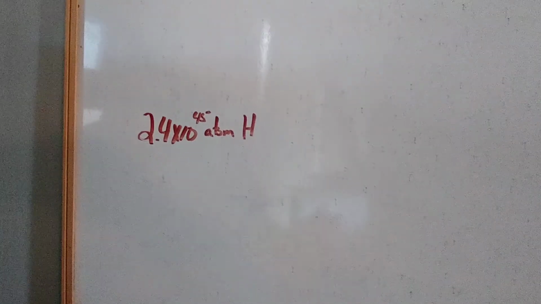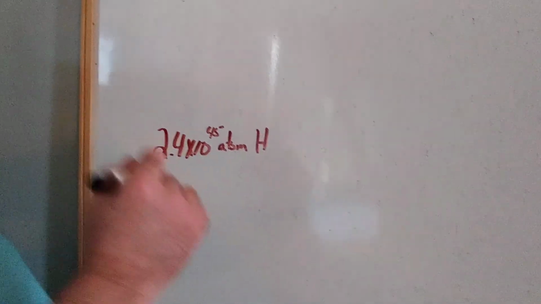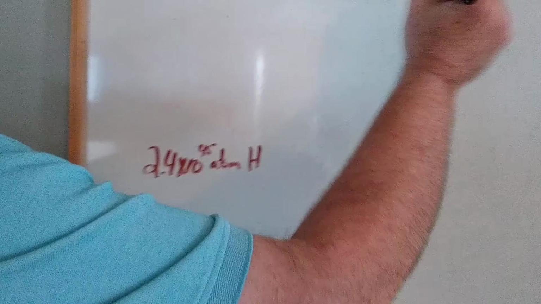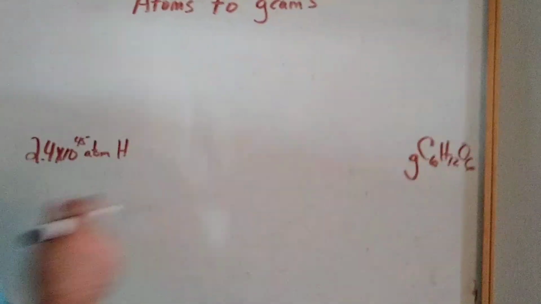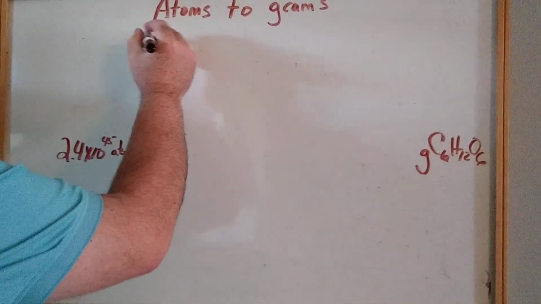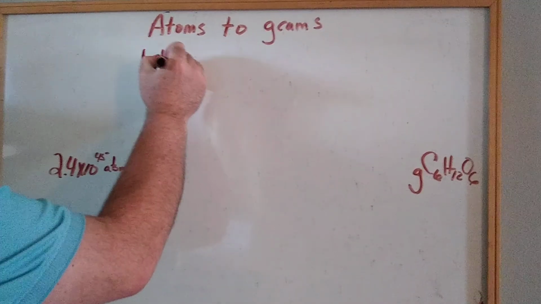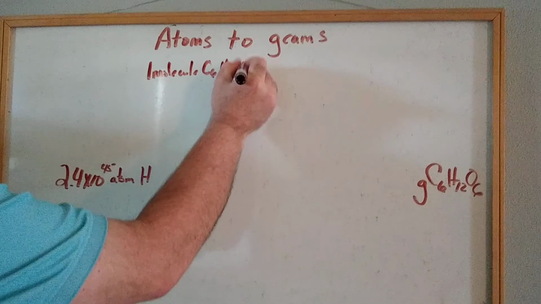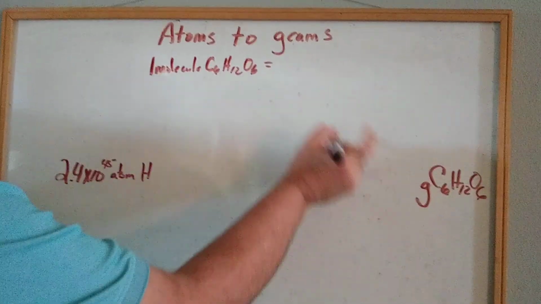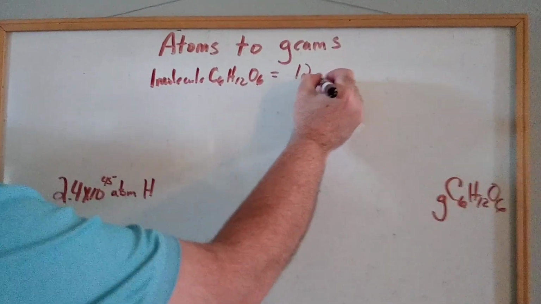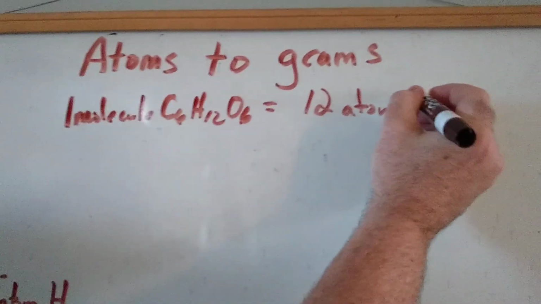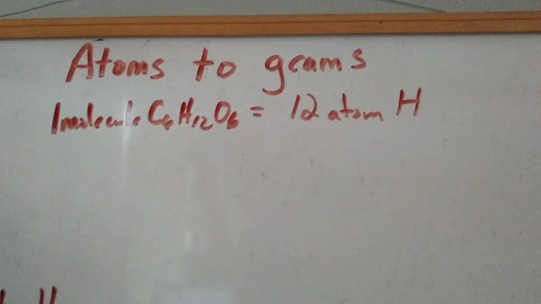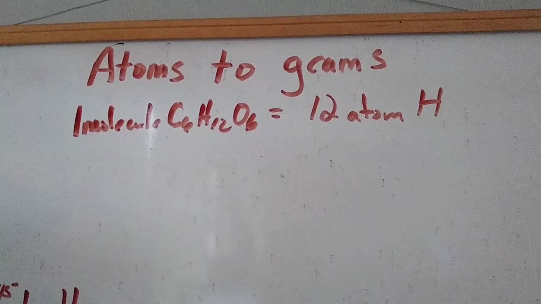And one that you know, but you may not know, is that if we have the formula C6H12O6, we know that one molecule of C6H12O6 is equal to 12 atoms of hydrogen. We know that just from the formula.